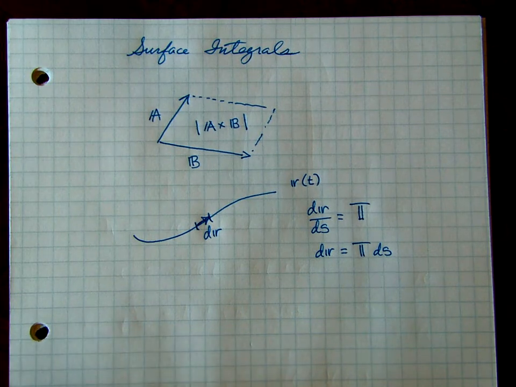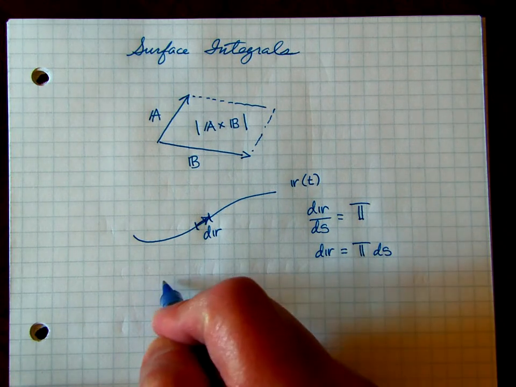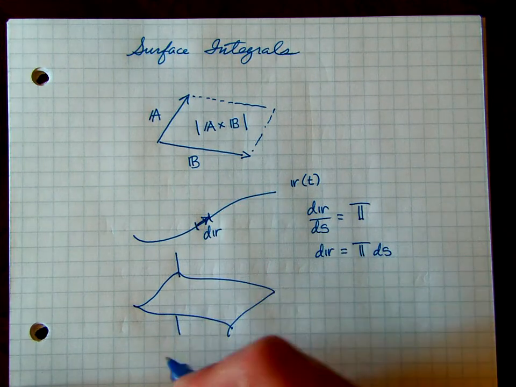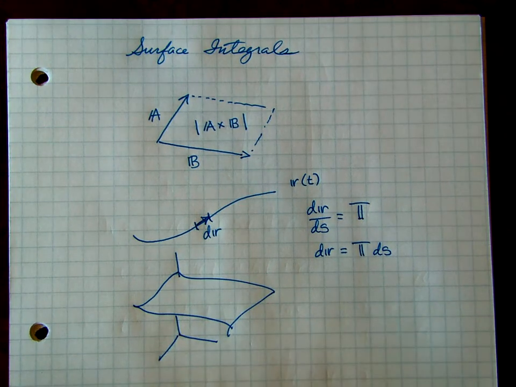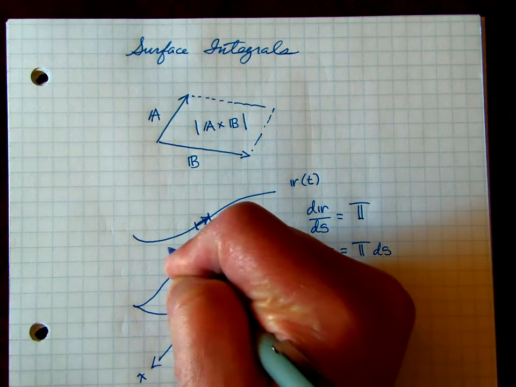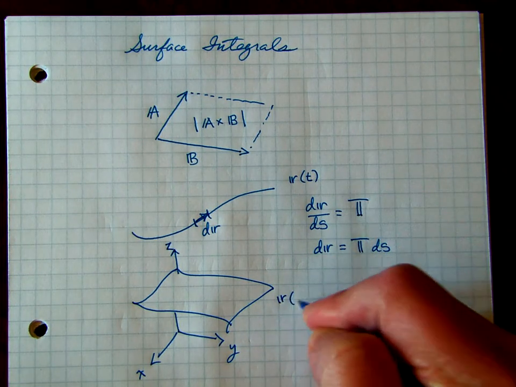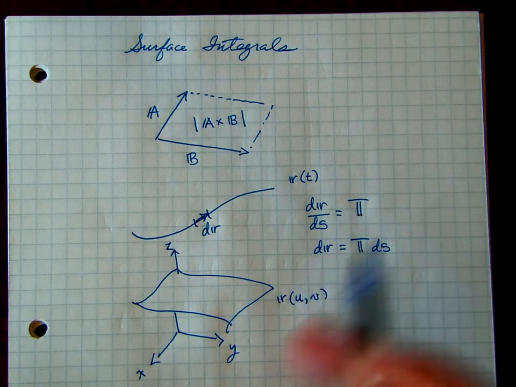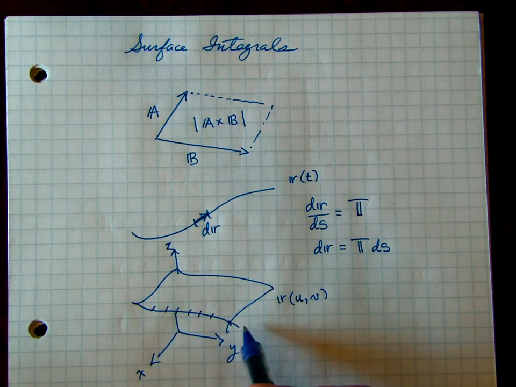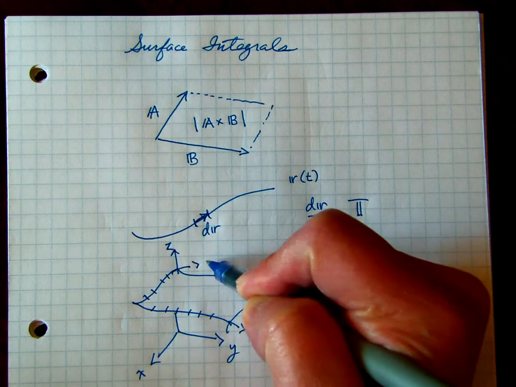Why does that matter? Well, let's talk about a more general case where we have some kind of surface flopping around in 3D space with a coordinate system of some sort, x, y, z. And let's suppose this is defined not in terms of t, but in terms of two parameters, u and v, where, for instance, let's say that u is in this direction, and let's say that v is in this direction.